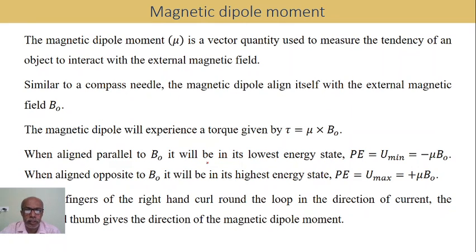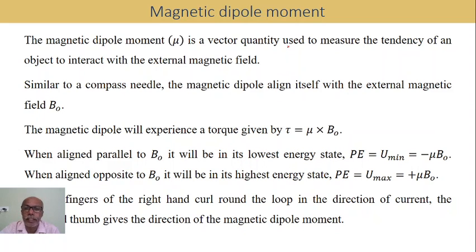So coming to the magnetic dipole moment. The magnetic dipole moment, represented by the symbol mu, is a vector quantity, and its direction is given by the right hand rule, which will be explained at the end.